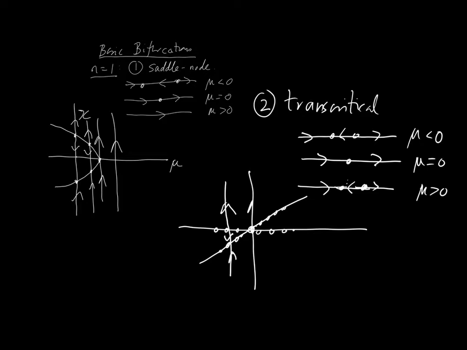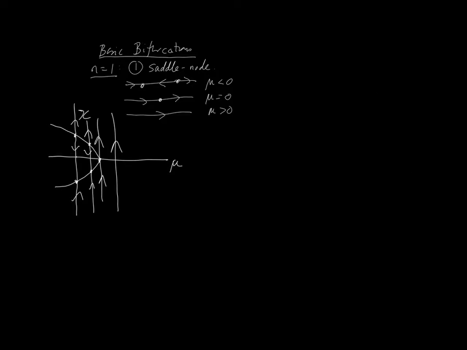When you come to this 0 here, they've come together and it's neither stable nor unstable, but when you go to the right, it's now the 0 solution that has become attracting and the other solution has become unstable. That's called a transcritical bifurcation, and it's not hard to see that this happens in the logistic equation exactly like this.